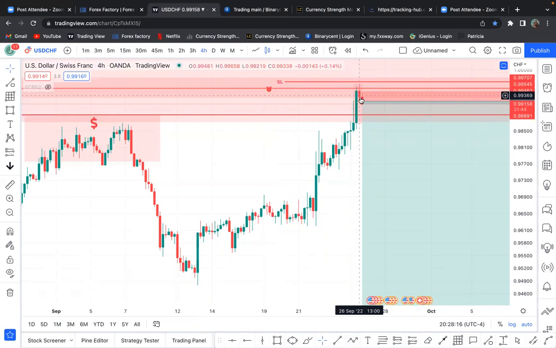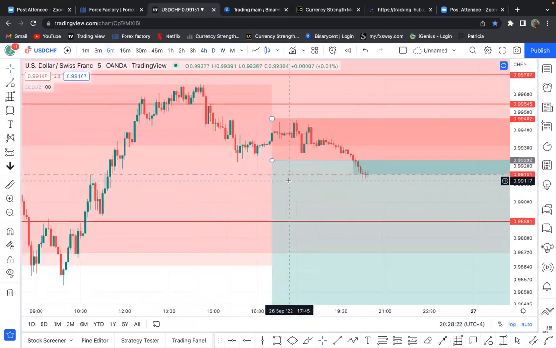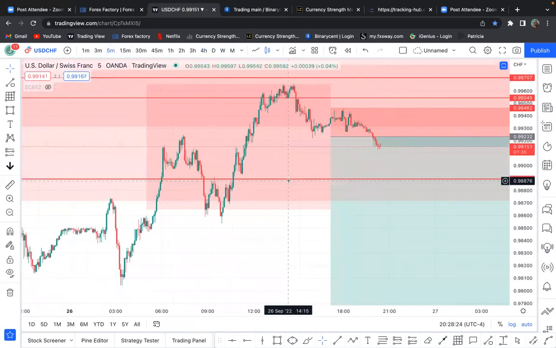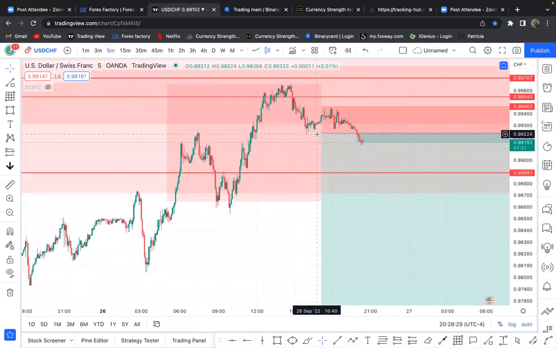After the baby candle closed, I switched down to the 5 minutes. While the baby of the harami candle pattern was closing, I went down to the 5 minutes to look for a change of character.